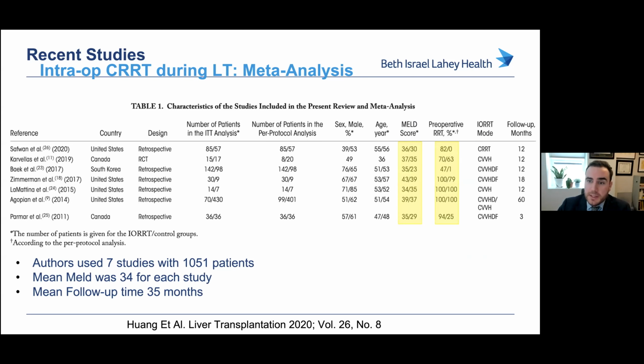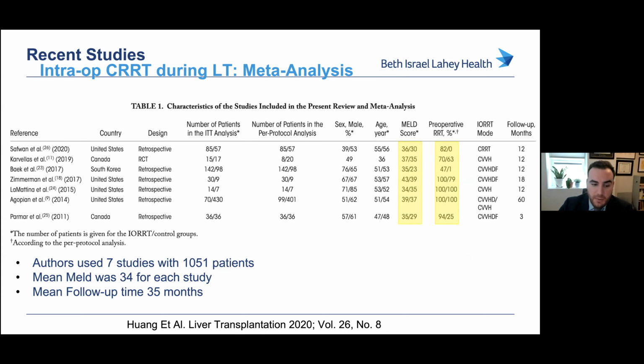The next trial I want to talk about is a meta-analysis that was done by a group out of China last year, in 2020. They looked at some of the largest retrospective cohort trials that have been done on this question of intraoperative CRRT, and they included 7 studies with about 1,050 patients.